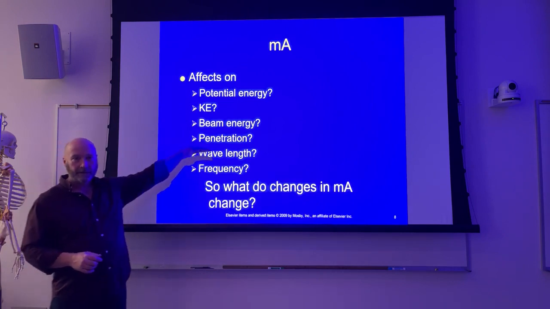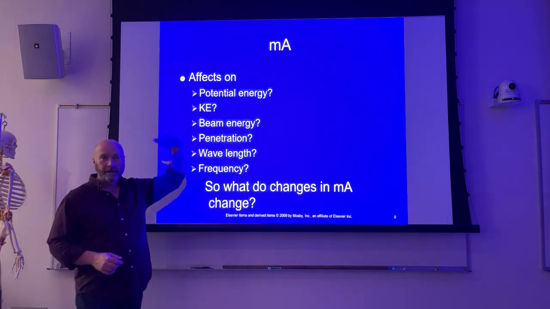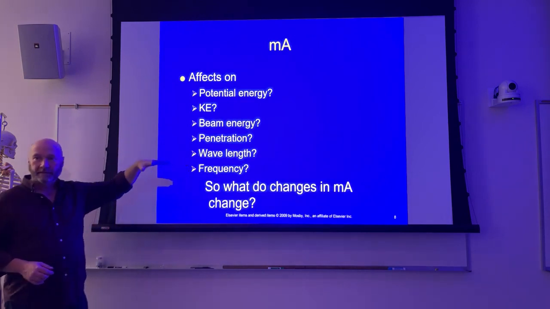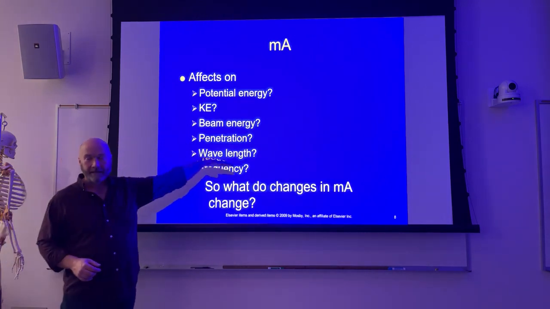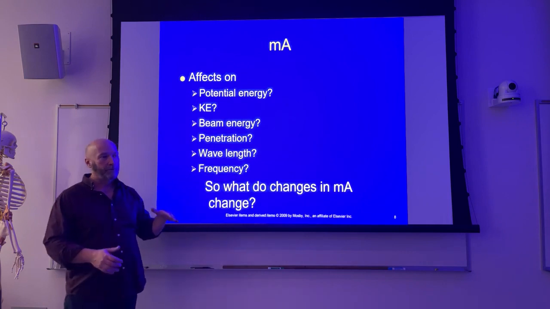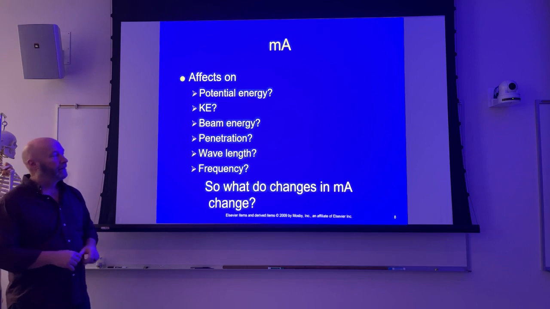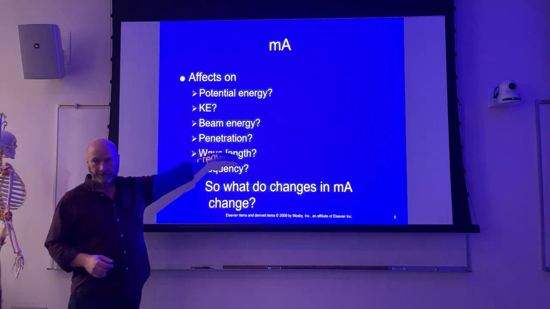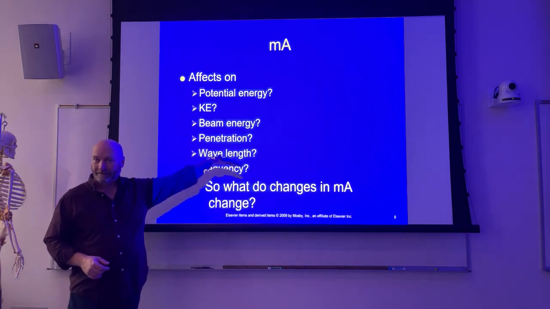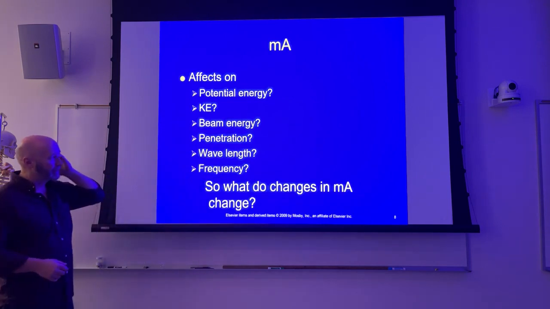If the kVp remains the same and you increase the mAs, yes, you're going to get more penetrated through, but the percentage of penetration remains the same. So it doesn't affect penetration in that sense. Okay, so don't flip those around.